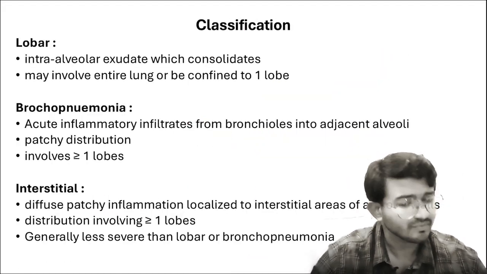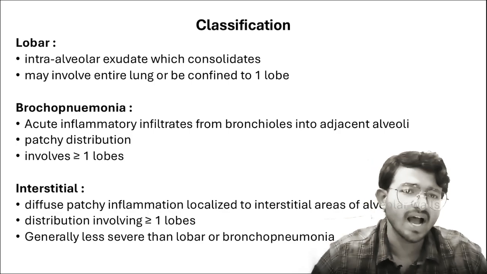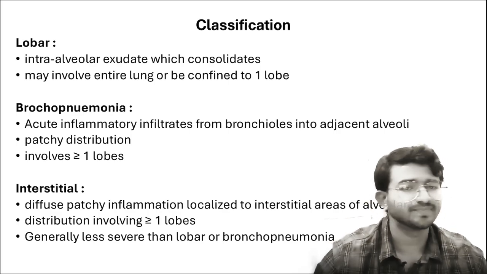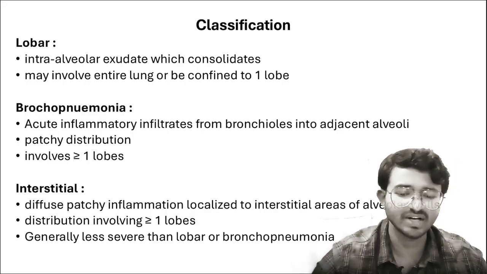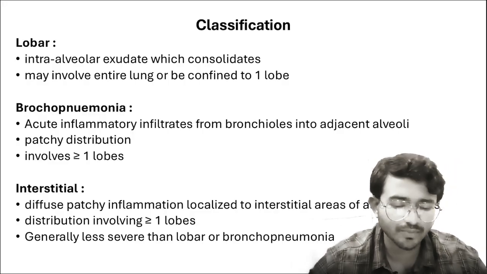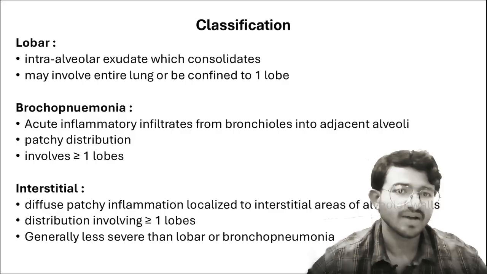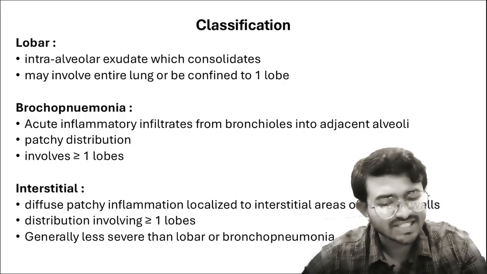Now we have some classification. How can we classify pneumonia? We have a total of 3 different types: lobar pneumonia, bronchopneumonia, and interstitial.